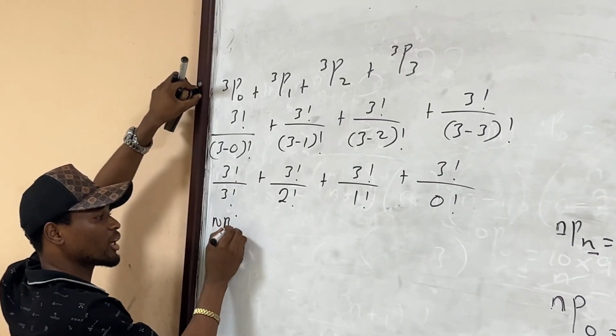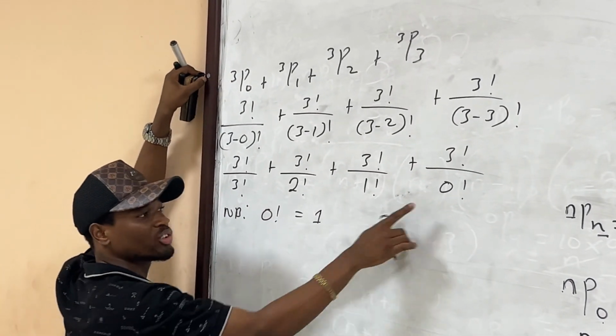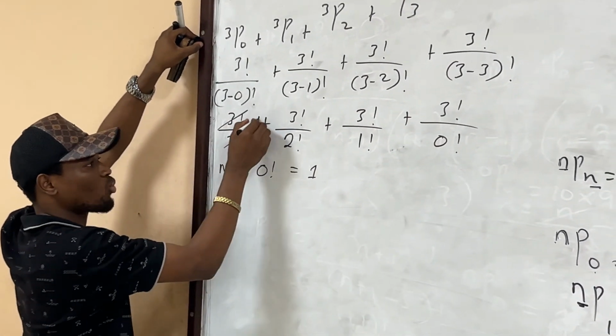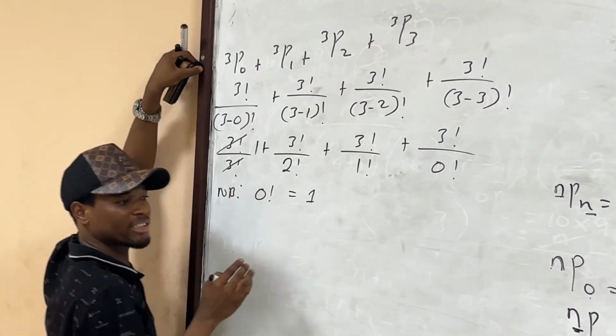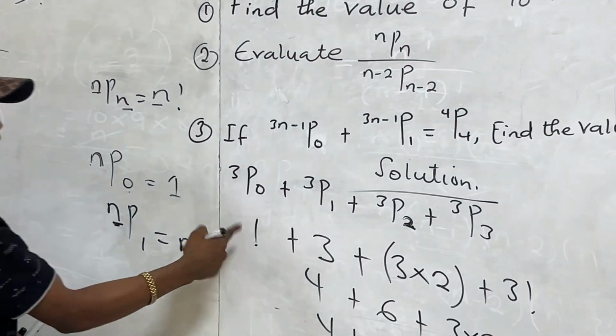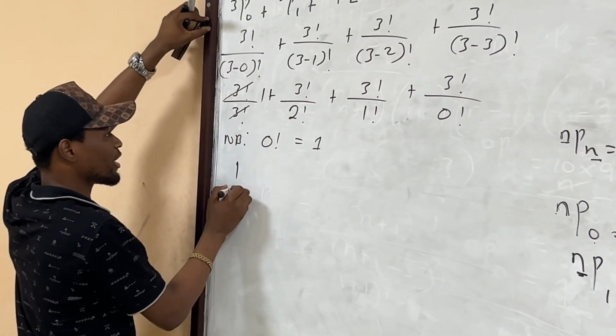Remember that 0 factorial is the same as 1. Whenever you see 0 factorial, you put 1 over there. So this cancels this 1. That explains why we have the 1 over here. These are tricks. Good. So I have 1 over here, then plus.